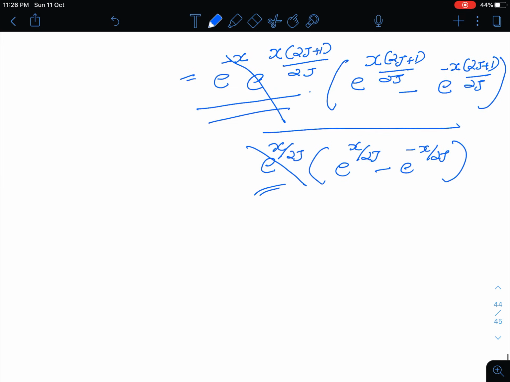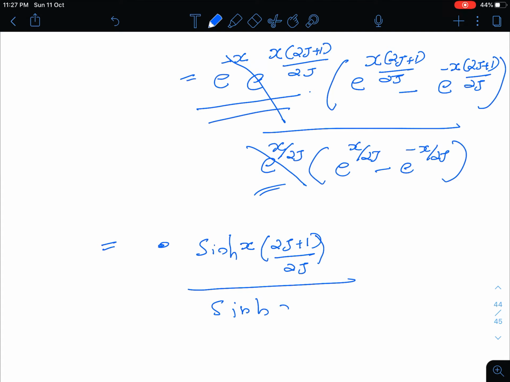So what remains is simply, look, what is this? The 2 and 2 will cancel. So this is simply sinh, sinh x. Sorry, sinh of (2j plus 1)x by 2j divided by sinh of x by 2j.